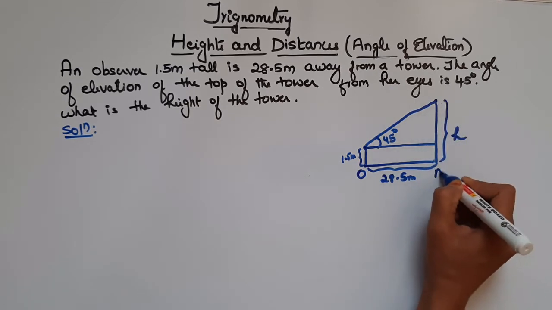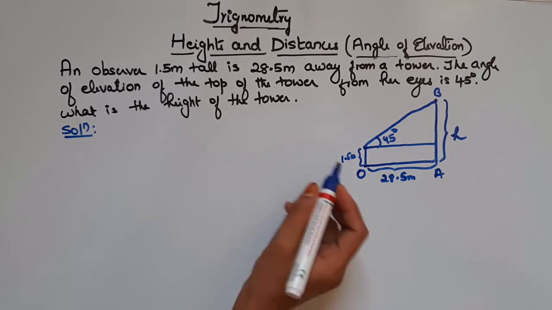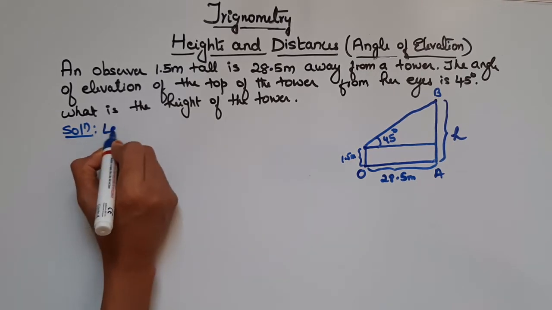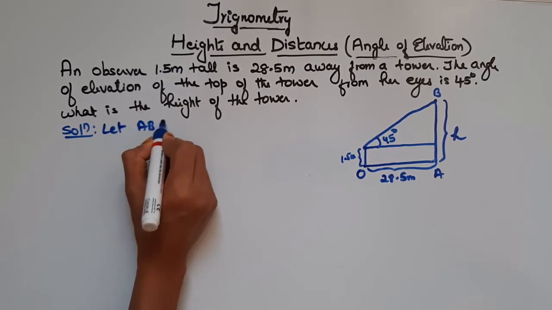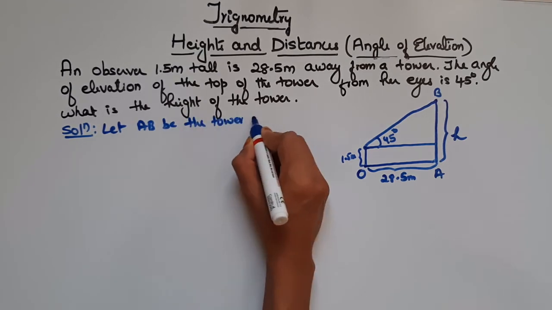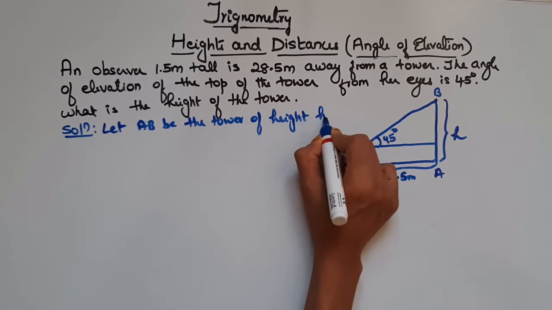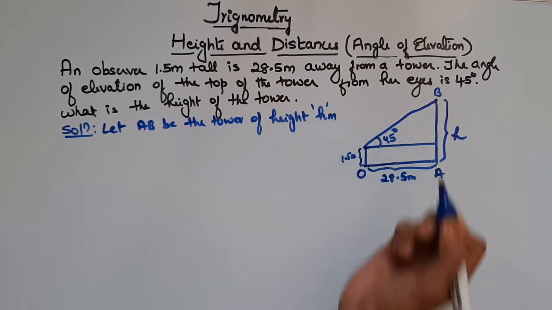So let's take AB as a tower, alright. So first let's write that in words. Let AB be the tower of height h meters, alright.